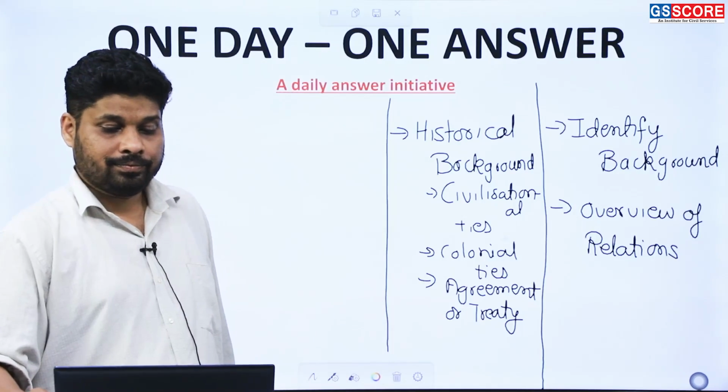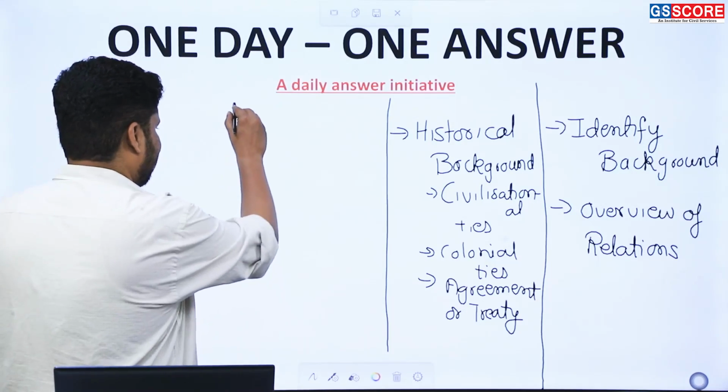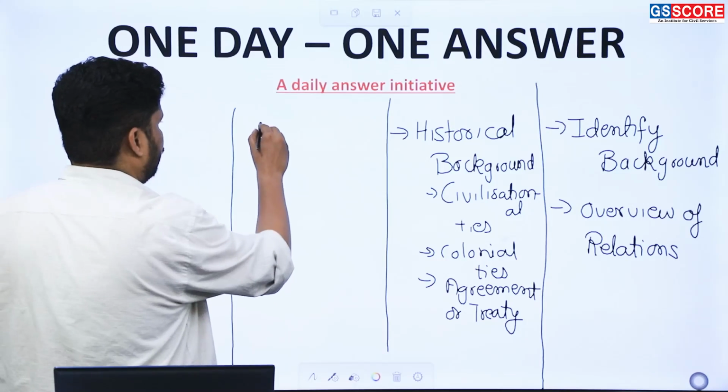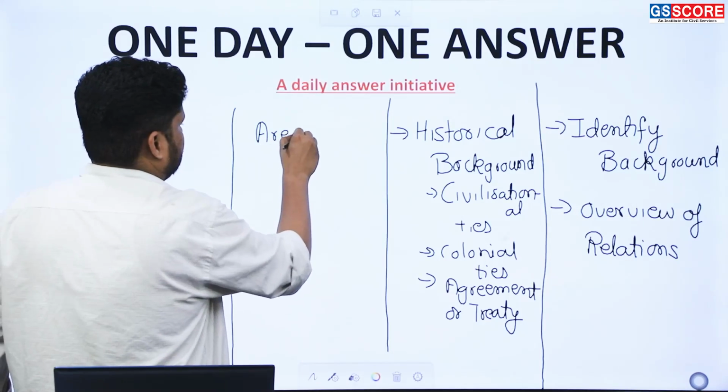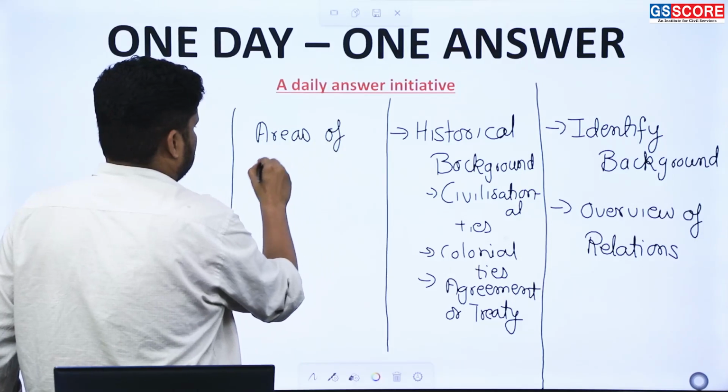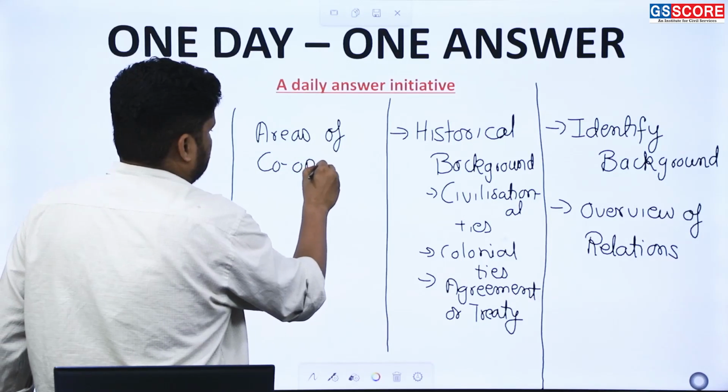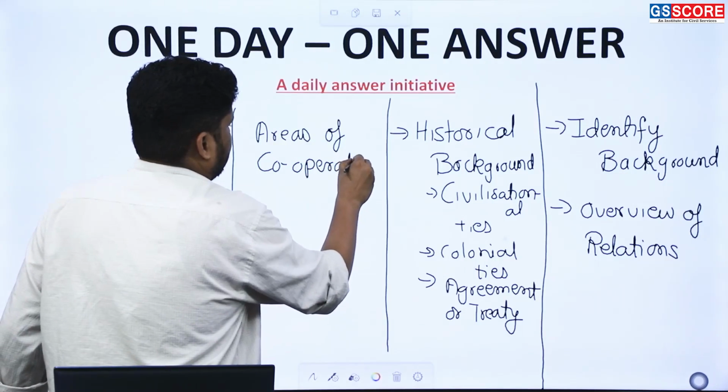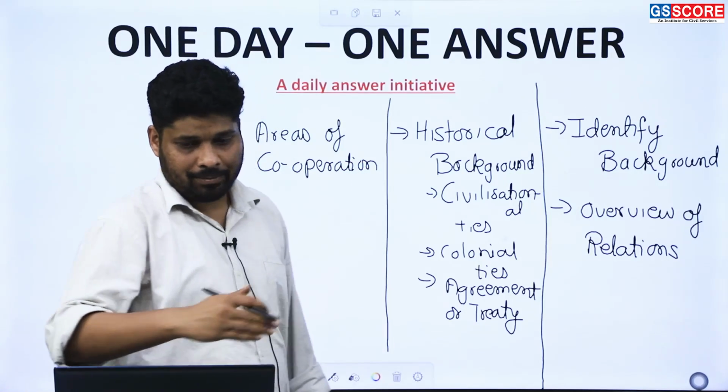Third thing that you have to take into consideration is the areas of cooperation. Areas of cooperation between India and that particular country.